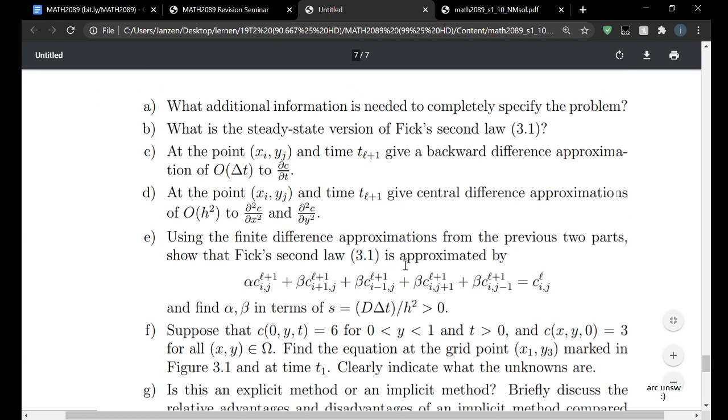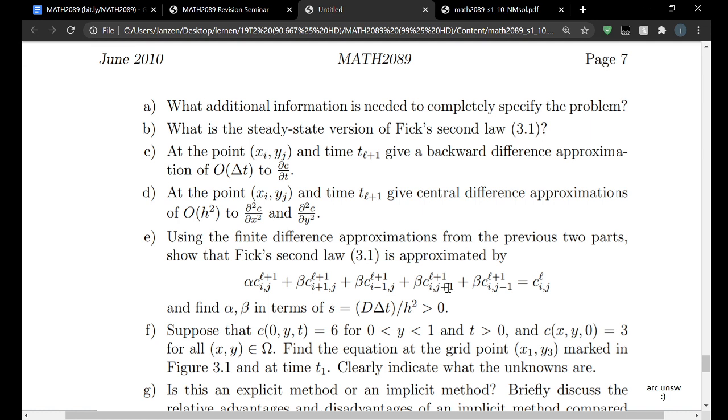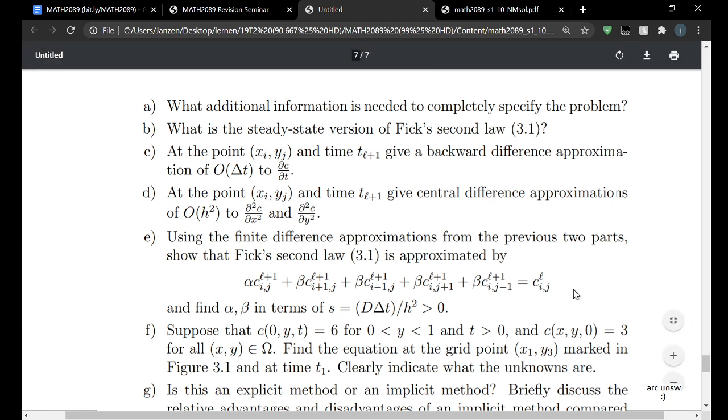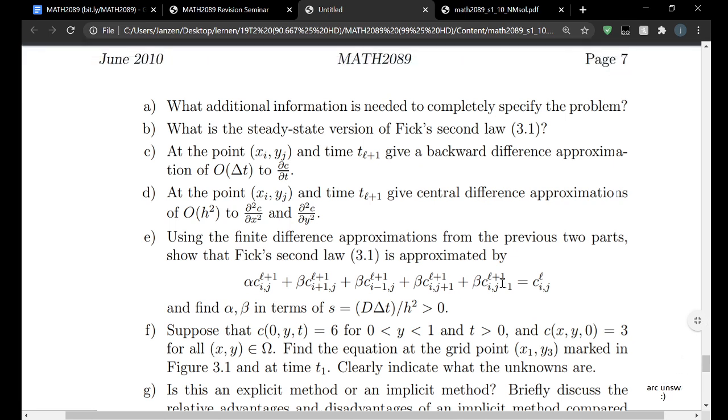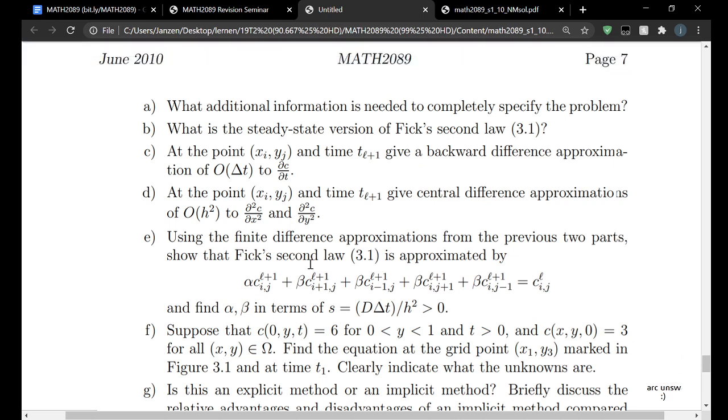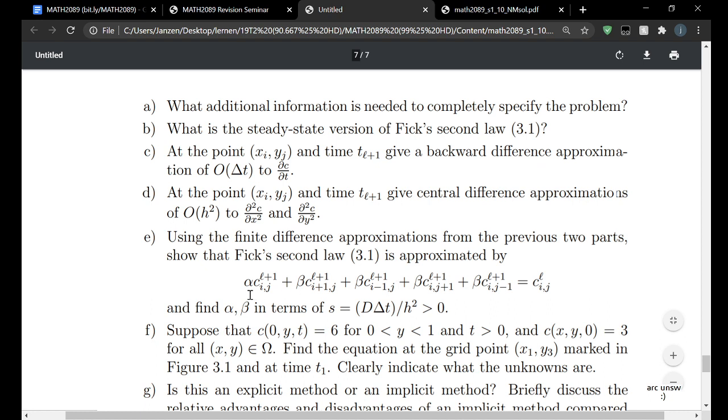Yep. Using the finite difference approximations from the previous two parts, show that Fick's second law is approximated by this expression. So they want us to express the PDE in a discretized form as such, and we have to find the alpha and beta coefficients.